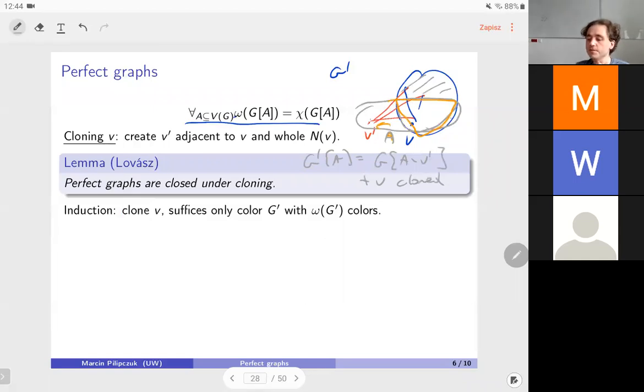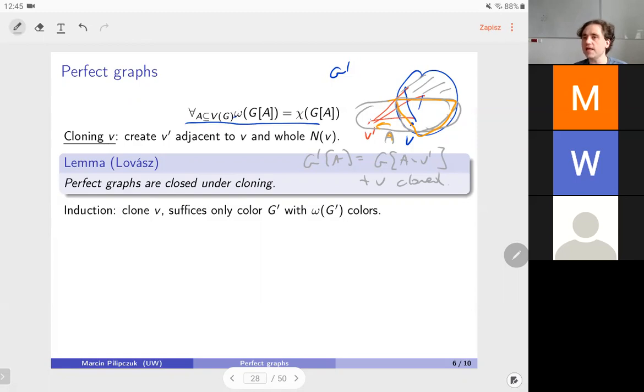So if you prove the statement by induction over the number of vertices, you have from the induction that if you take the orange graph and clone the vertex, it is perfect. So chi equals omega in this gray area just by induction.